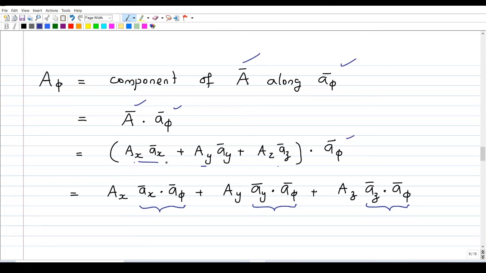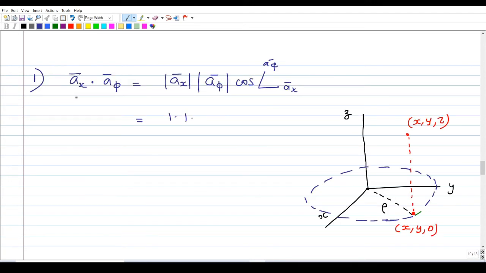Now you can open the bracket and take the dot product. So it will be Ax multiplied by ax dot a phi, and Ay multiplied by ay dot a phi, then Az multiplied by az dot a phi. So we need to compute these three dot products.